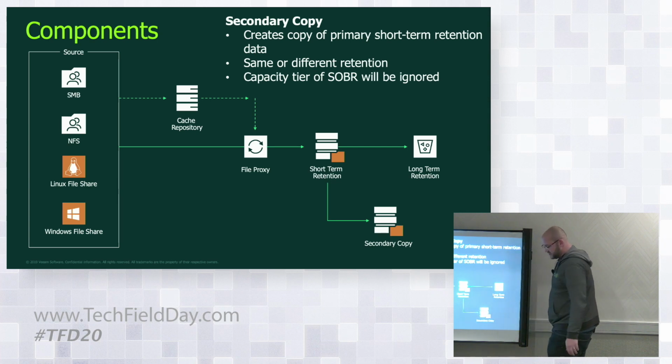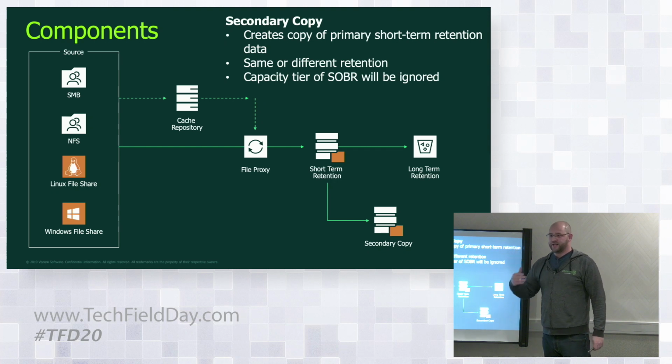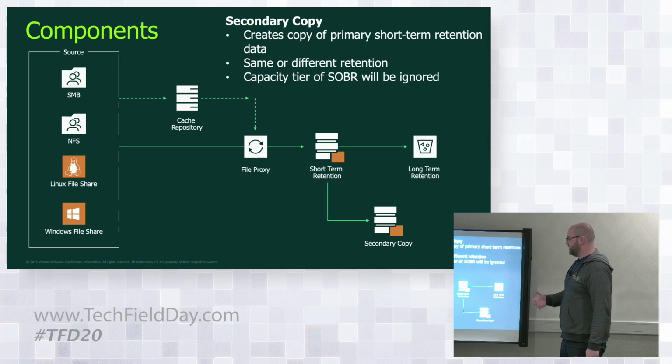We've also got the ability to do the secondary copy. A secondary copy might be a copy of that retention to another site, so that you've got at least one day's retention or one version of that active file in a different location, so you can recover from that if DR failure scenarios were to happen. Again, it's an option.